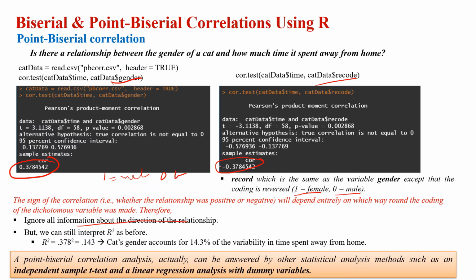So we should ignore this sign, and we should only check whether this relationship, which is 0.37, is a significant relationship or not. We are only getting the strength between the two variables.